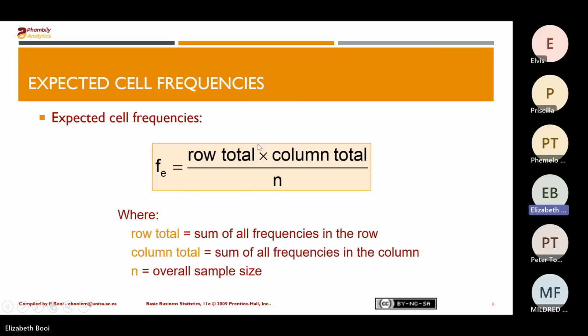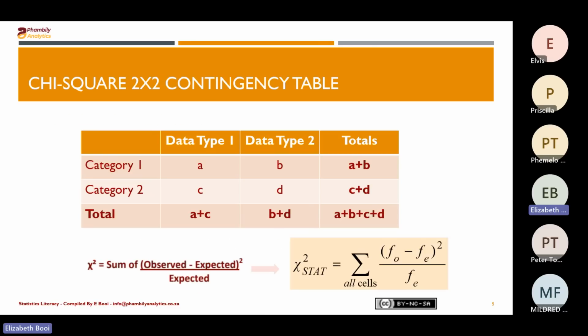I will calculate it for each and every observed value. Once you have calculated your expected value and your observed value, then you're going to calculate your test statistic.